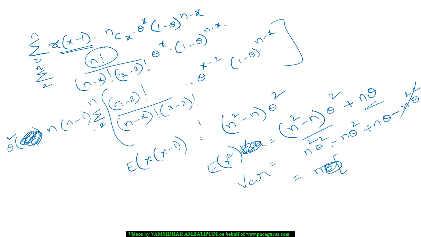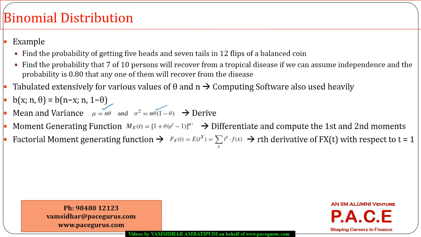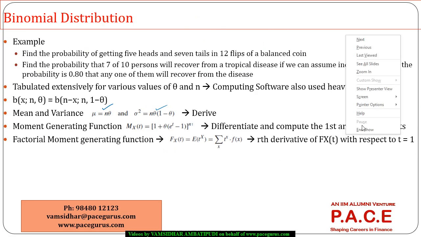So that's where these two are going off. This becomes n theta into (1 minus theta). So that is how I am able to compute the variance associated with the binomial distribution. It is becoming n theta into (1 minus theta). Right? So that's one more way we can find out the mean and the variance associated with the binomial distribution.